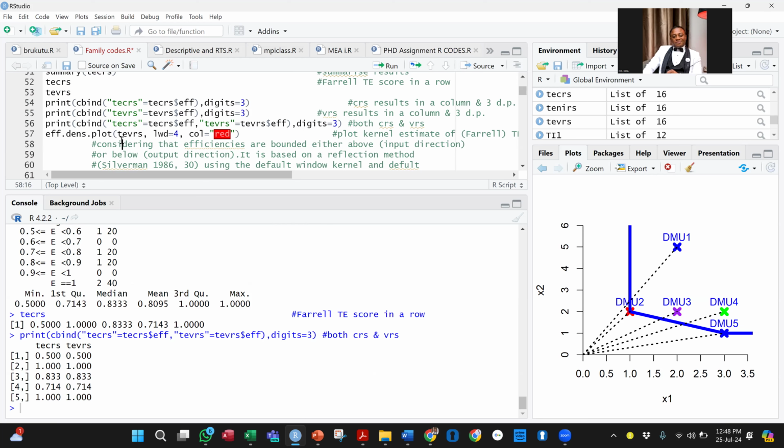I'll give you a practical example. Suppose you determine the technical efficiency of a firm. You will attribute that to whose efficiency? If you calculate, whose efficiency is that? The managers. So that technical efficiency is also called managerial efficiency.